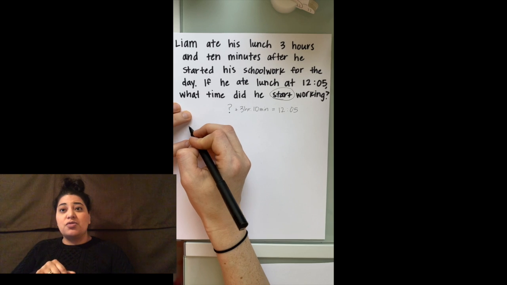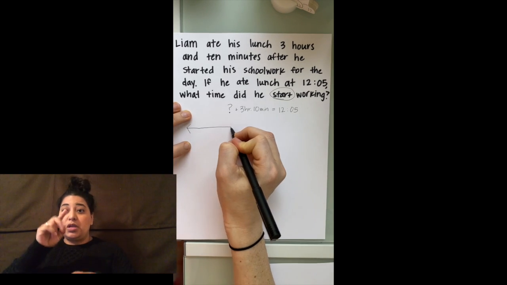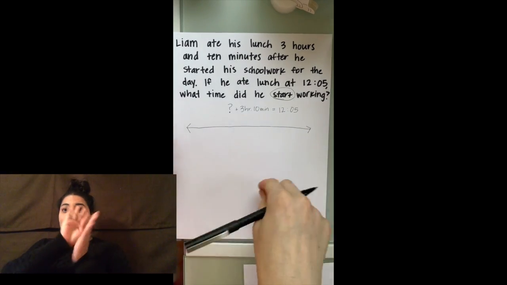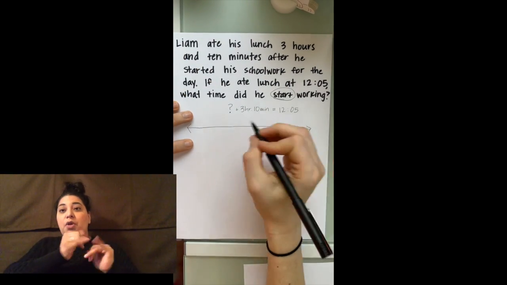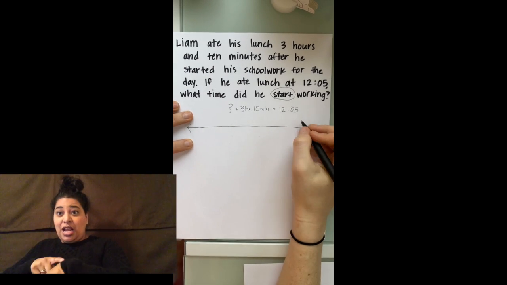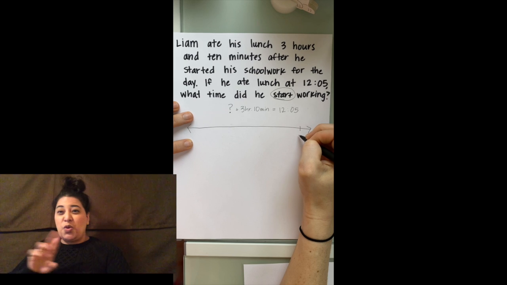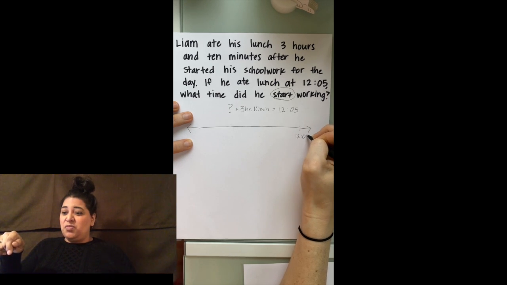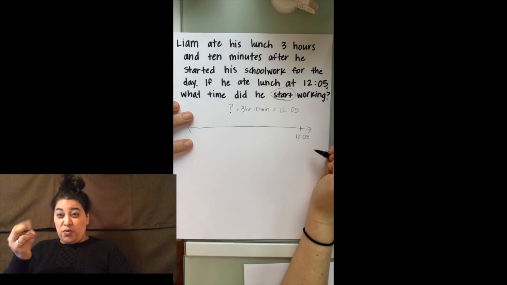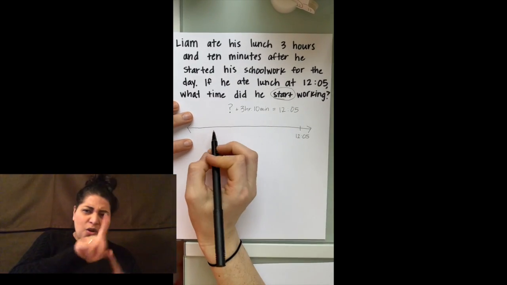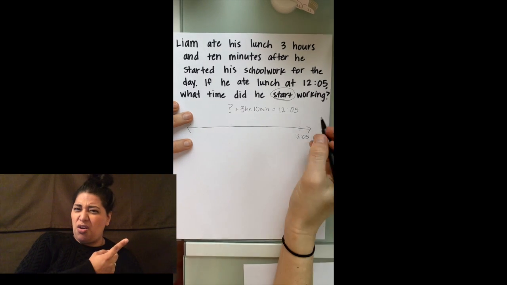For these types of problems, we're always going to use a number line because that's basically all a clock is. Just a number line kind of turned up into a circle. So here we know our end time. So I'm going to start my number line on the right-hand side. I know that 12:05 is when he eats lunch, and my unknown is somewhere way back here.